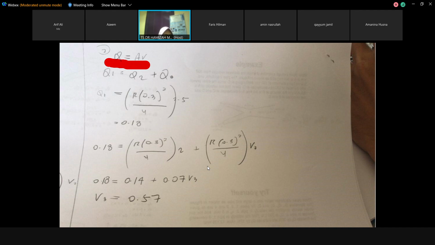Dia tukar kepada meter, 0.3 darab dengan 2.5. So don't forget the unit, meter cube per second. Untuk ni, sindiket marking, tak tentulah, mungkin ada lecturer yang strict on this.